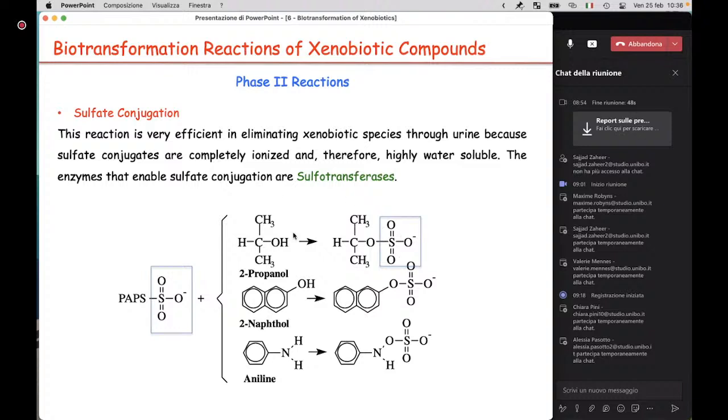Okay, so the molecule becomes a bit larger, not as much as with glucuronic acid, but a bit larger and a lot more hydrophilic. Okay, again, as usual, we have enzymes carrying out this kind of reaction. They are called sulfotransferases.